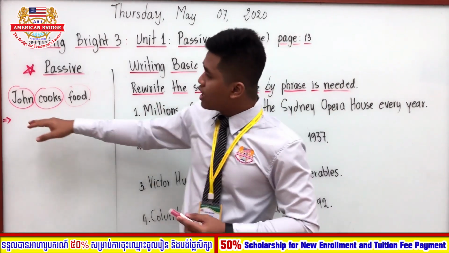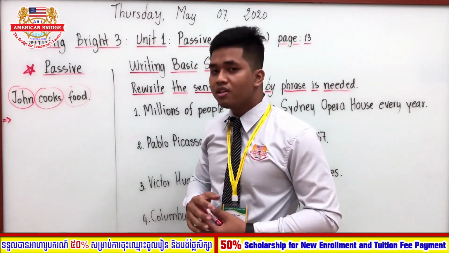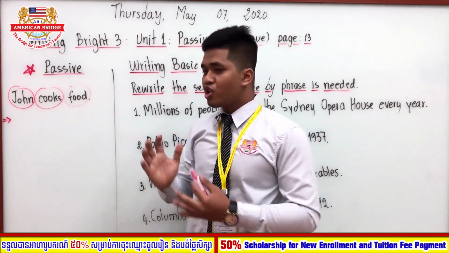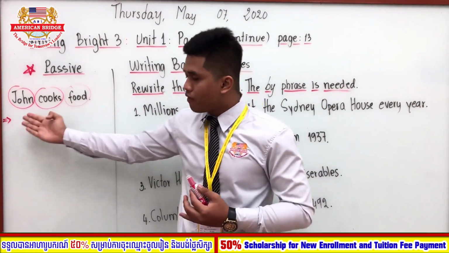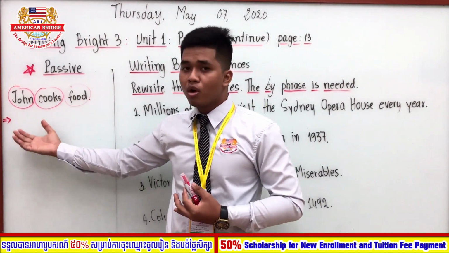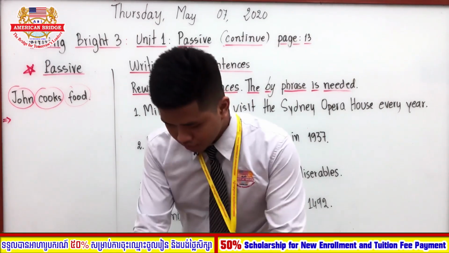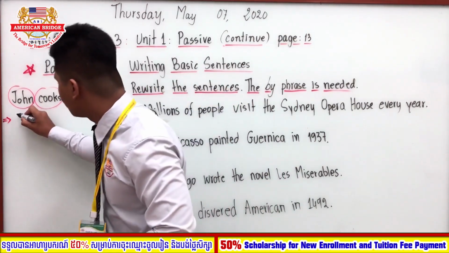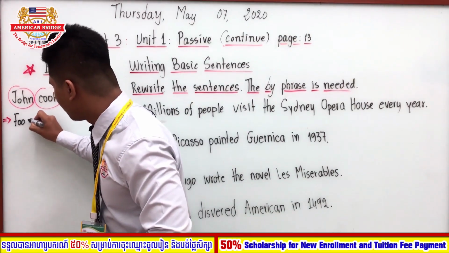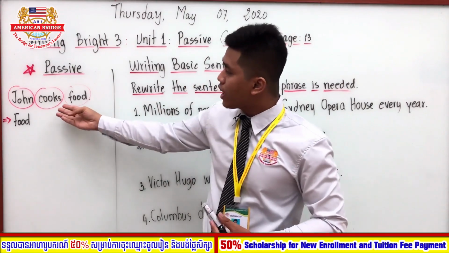Okay, so we analyze the part of speech of each word in our sentence. The second one, we need to change the object of our active sentence to become our new subject in our passive sentence. So here, food becomes the subject.